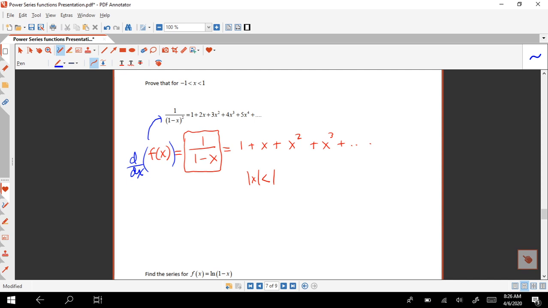That if you take the derivative of 1 over 1 minus x, you get 1 over 1 minus x squared. And therefore, the series has to be the derivative as well.